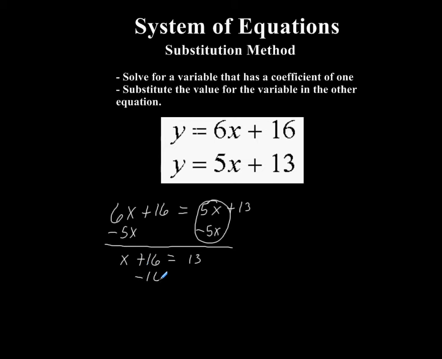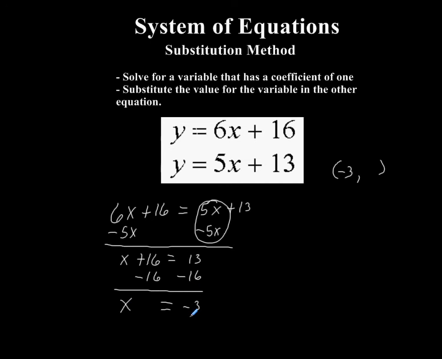Then you subtract 16 on both sides, which would give you x is equal to negative 3. Now, for these two equations, we know that the x value is negative 3. What we need to find now is the value for y, because you need to have an ordered pair.